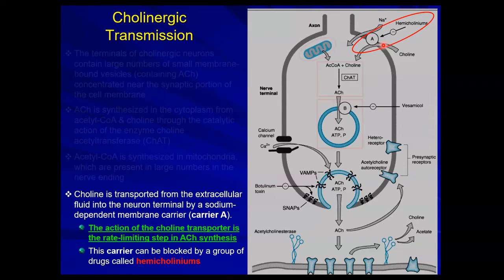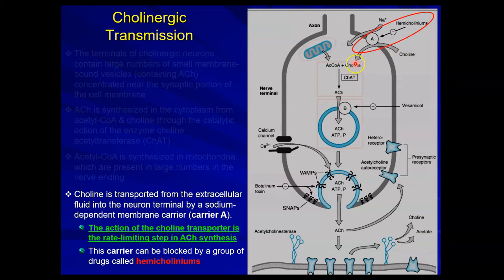But if two compounds need to pass in the same direction, it's called a co-transporter, choline with sodium. We'll talk about the antiporter in the next slide. So again, choline will enter into the cell.